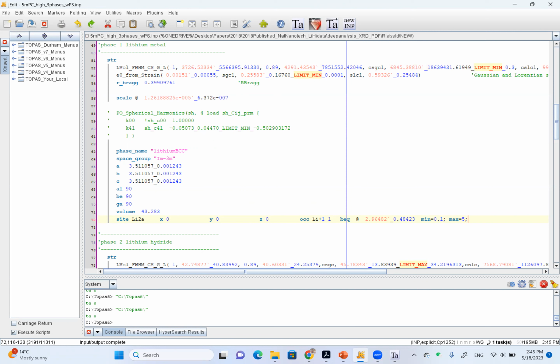And this also applies to every parameter you want to fit, right? If you pay attention to the grammar, we must have a semicolon here. This is required for the definition of a minimum and maximum. And the same is true, let's say if you want to fit the lattice parameter, but you believe that parameter should be between 3.5 and 3.6, then you do the same thing, right?